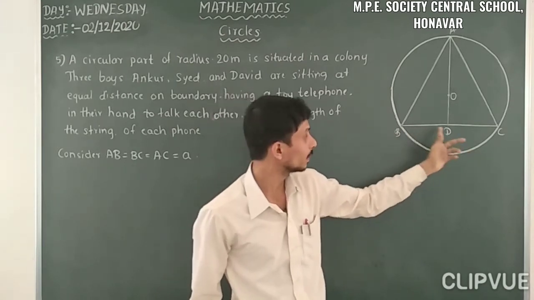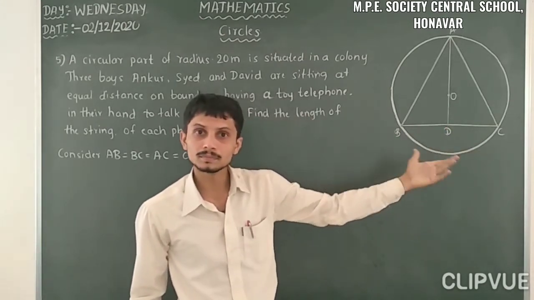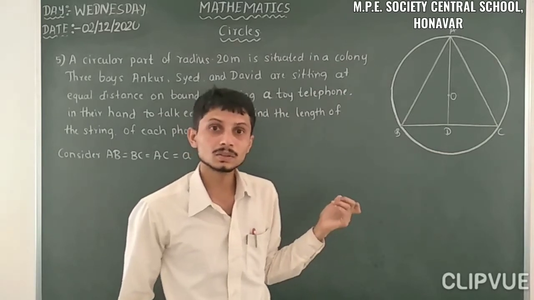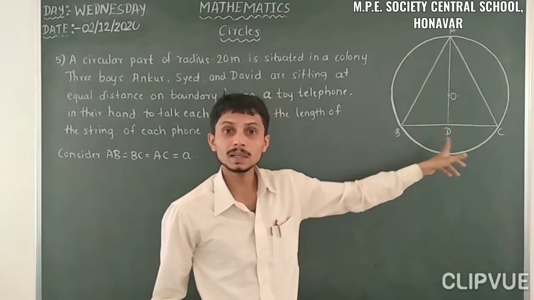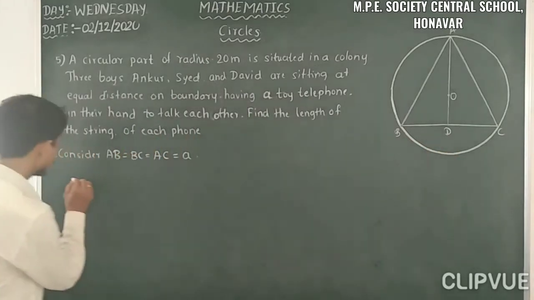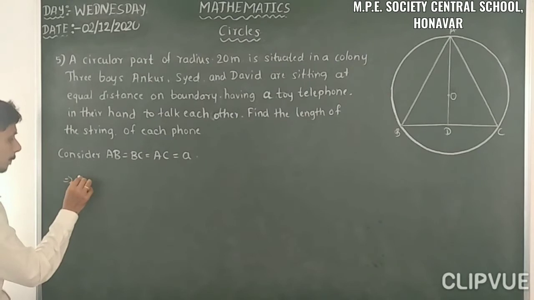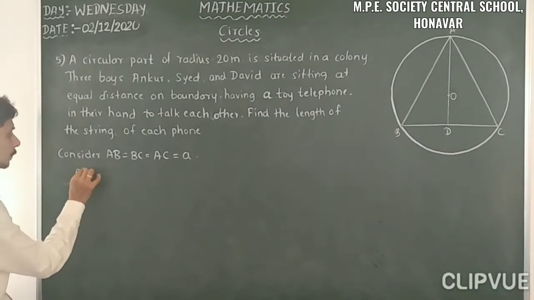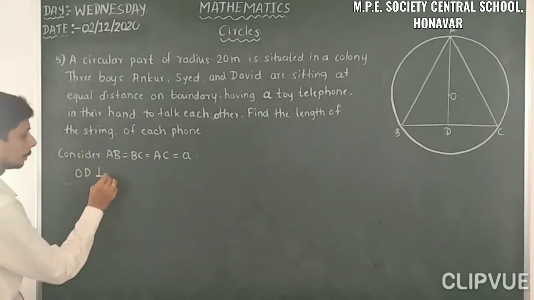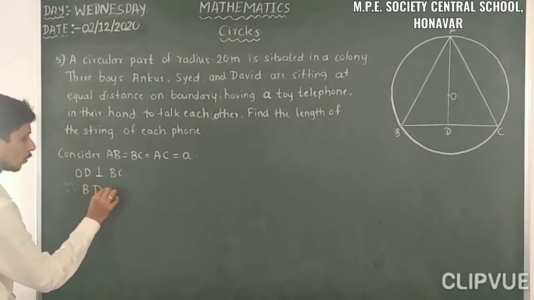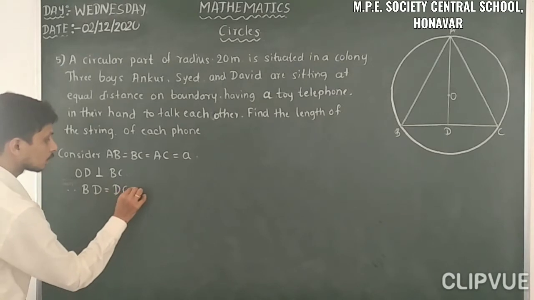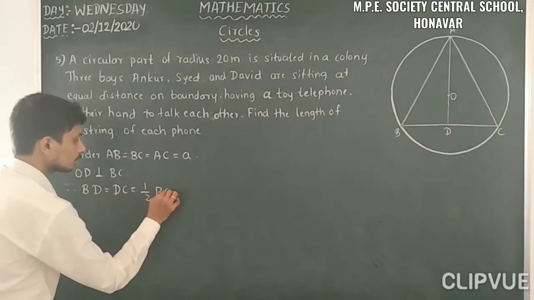So BD is equal to DC. BD and DC are the halves of BC. This implies OD is perpendicular to BC. Therefore, BD is equal to DC is equal to half of BC.